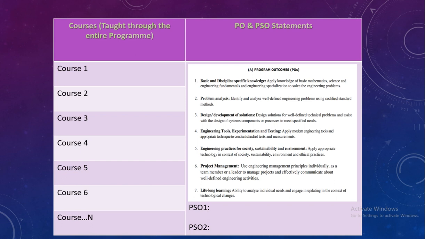So we need to make a chart like this, where on the left hand side there will be the courses we teach in a 3-year long program, and on the other hand there will be the statements that are written either by NBA or formulated by our program experts or the departmental advisory board.